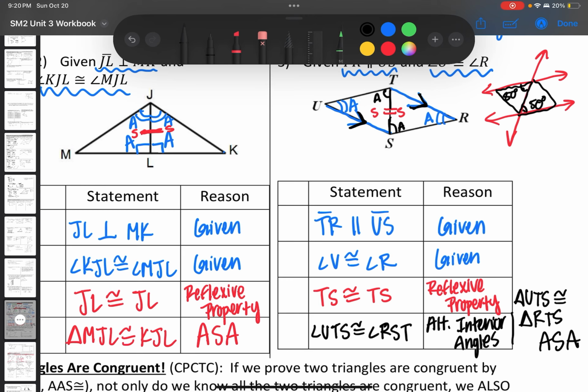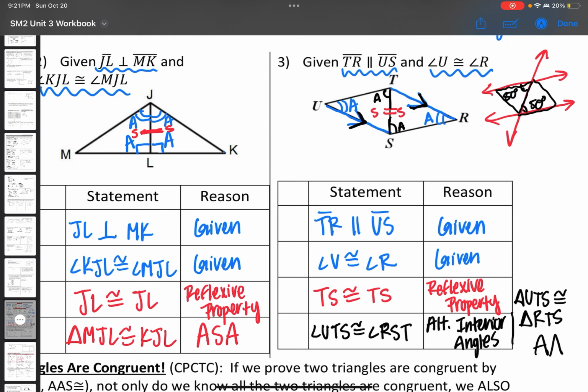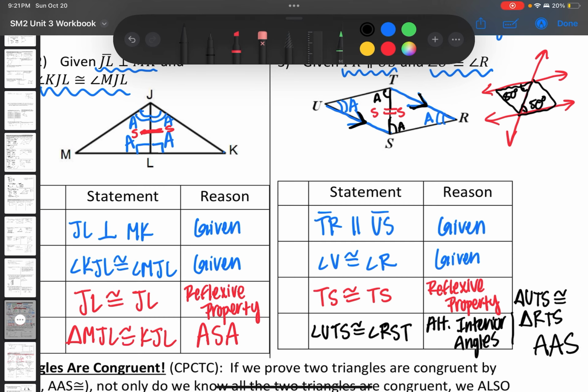Oh, sorry. Go back here. We showed it by angle, angle, side. So how we know that these two triangles are congruent is angle, angle, side. And here's our answer right here.